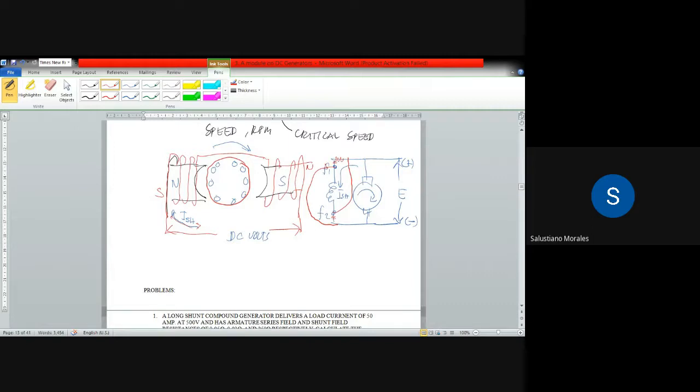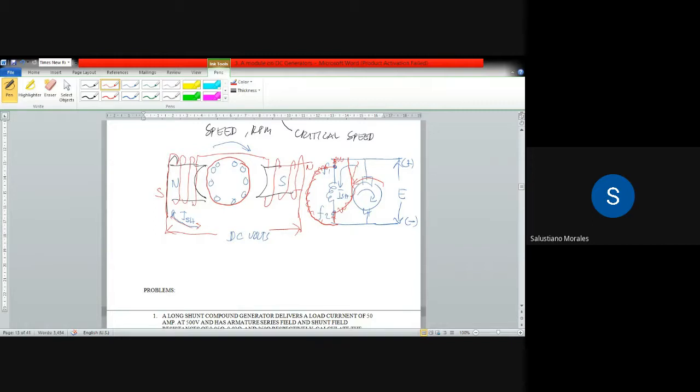Same also, if we maintain the connection that F1 is connected to the upper portion and F2 is at the lower portion, but we're going to change the rotation of the armature, what will happen is the generated voltage of the armature will also reverse, causing again to reverse its current in the field winding, and the same arrangement as the first discussion, that the flux produced by the coil is opposite to the initial flux in the core, which is the residual magnetism, and they will cancel out until such time that it will become zero if they are equal in magnitude.